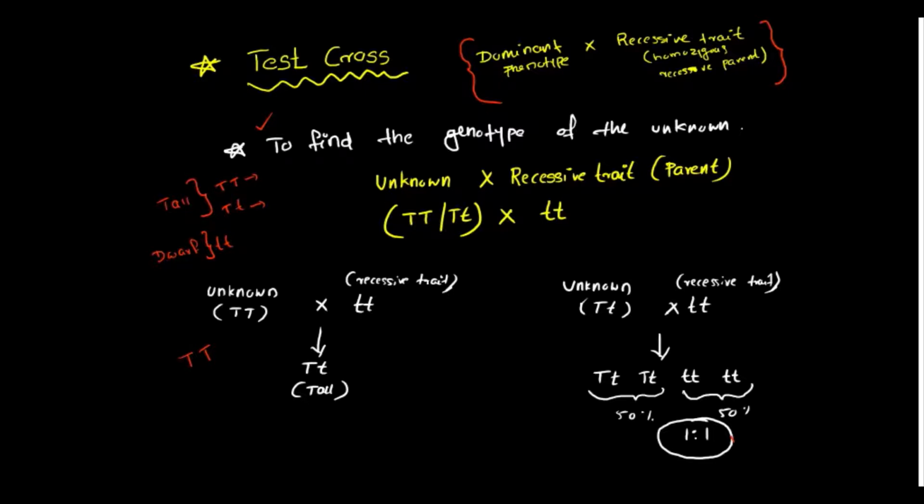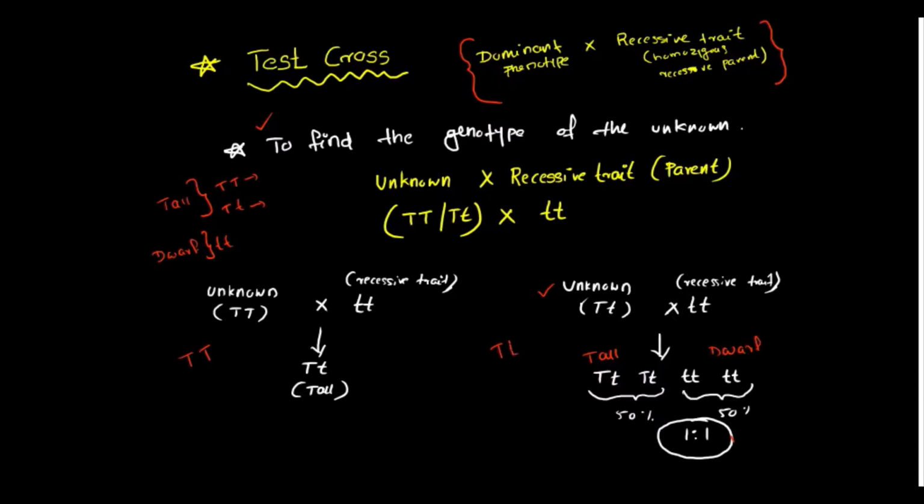Let's imagine that the genotype of the unknown parent is capital T small t. If you are doing test cross, we are crossing that unknown plant with the dwarf plant, that means the recessive trait, and we will get 50% tall plant and 50% dwarf plant. If we are getting 50% tall and 50% dwarf plant as offspring, then we can conclude that the unknown genotype is heterozygous.